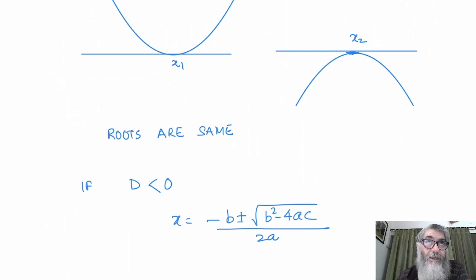And when you get a negative number under the square root, it is not going to be a real number. It's going to be a complex or imaginary number. So b square minus 4ac will be an imaginary number.